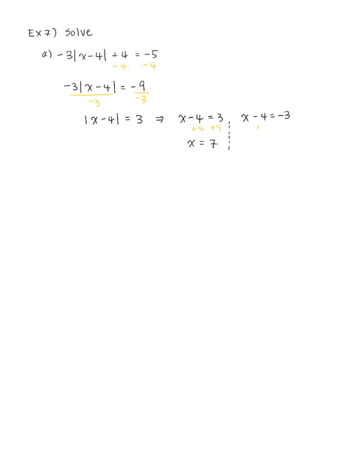Let's do the same thing, plus 4, then here what we're going to get is x equals 1. So therefore, our solution set is 7 and 1. And also you can check these solutions and they should satisfy the equation.